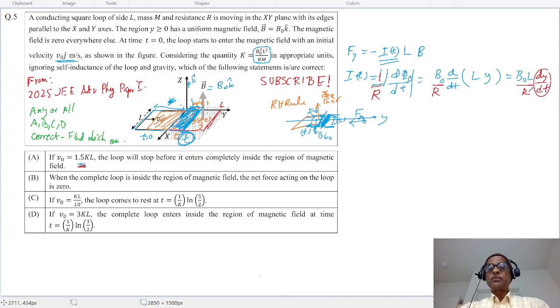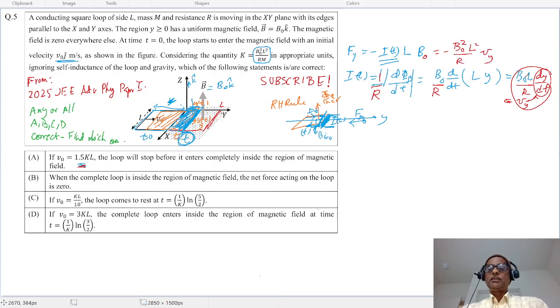So putting this in, B0 L times B0 L equals minus B0 squared L squared over resistance times v sub y.